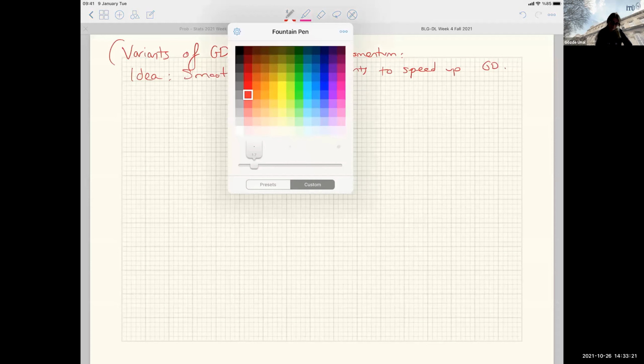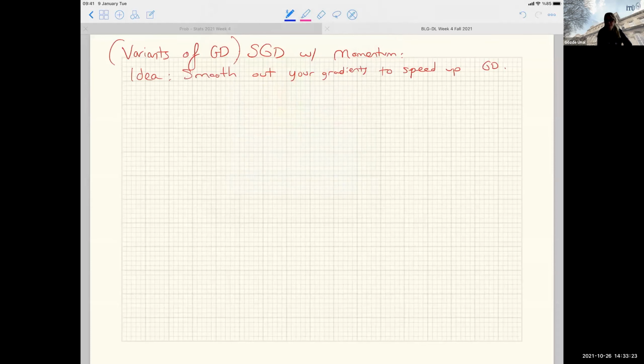The reason its name is momentum is that we are introducing some inertia, some resistance towards updating the gradient fully. So we start averaging, taking a weighted average of the previous gradient plus the new gradient. That's the idea here.